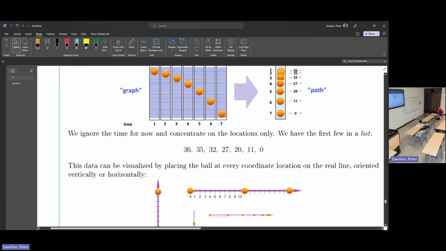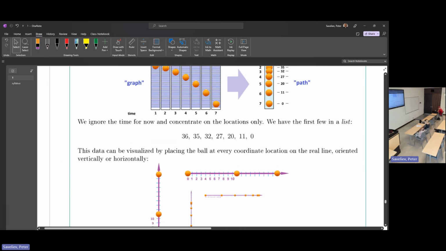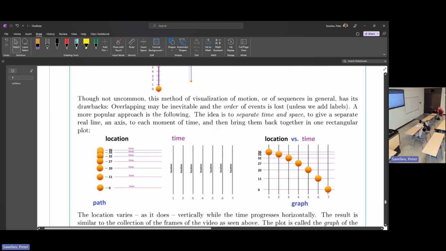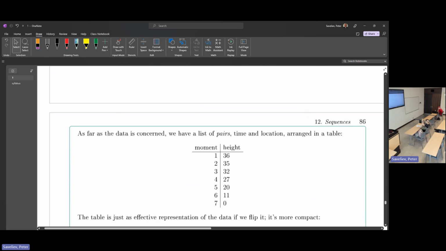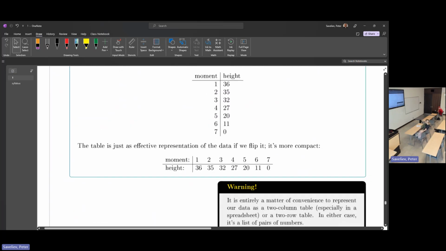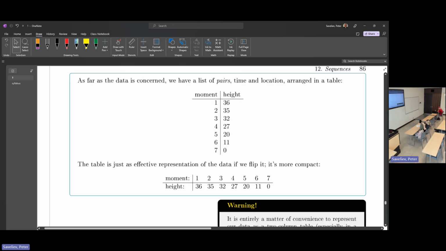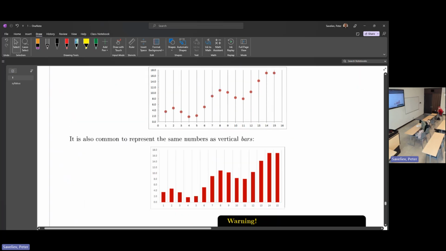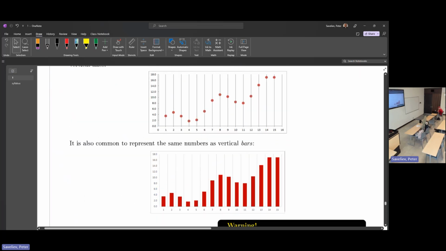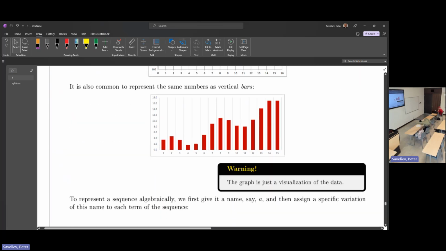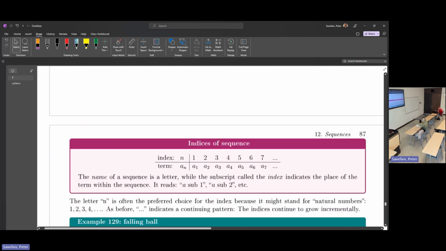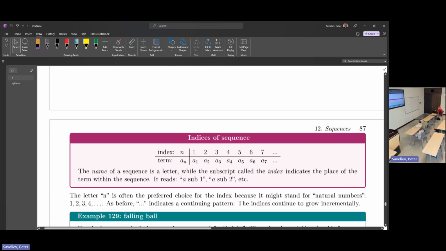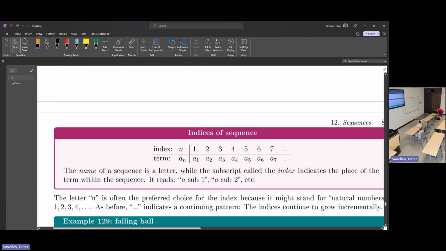So those are the graphs of sequences, when the curve itself does not necessarily merge. But once again, the point is a list of numbers that can go horizontal and vertical. So whatever you see in a spreadsheet or in many other places, it's a sequence. The only thing that mathematically needs to be added here, once again, two ways to visualize, with dots or bars, Excel has done it for you, is indices, and so those are the subscripts.